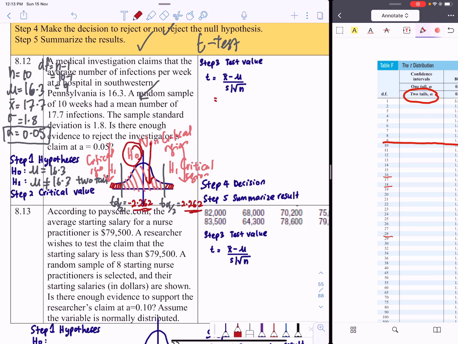Okay, now we insert the values: 17.7 minus 16.3, divided by the standard deviation. Here it is not the population standard deviation but the sample's 1.8, divided by square root of 10.